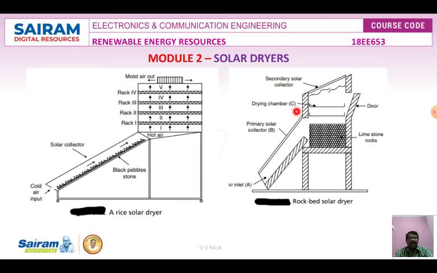In this dryer, air is drawn by natural convection through the inlet and circulates the heat collected by the primary collector throughout the drying chamber, which is packed with limestone rocks of relatively uniform diameter. The heat would be stratified across the rock bed, since rock beds are very poor thermal conductors, and the temperature difference would slowly disappear when air is not moving through the rock bed.